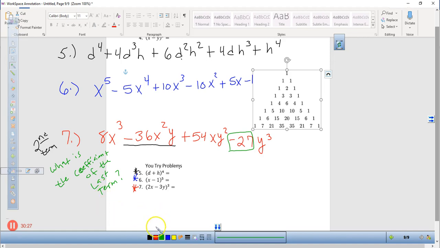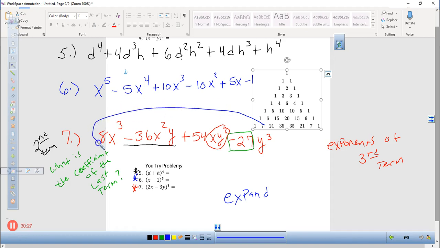All right, they could ask me the exponents of the third term, which means that I would need to give them this right here. Or they could just say, as I've said before, expand, which would mean the whole thing. Okay, so there's 4 different kinds of questions that they could be asking me on these problems. All of it is just different parts of the same answer.